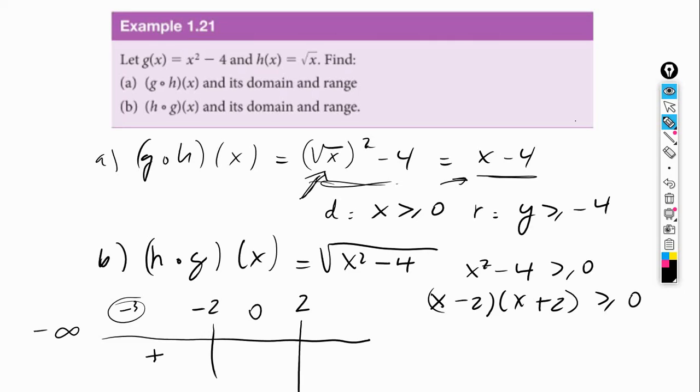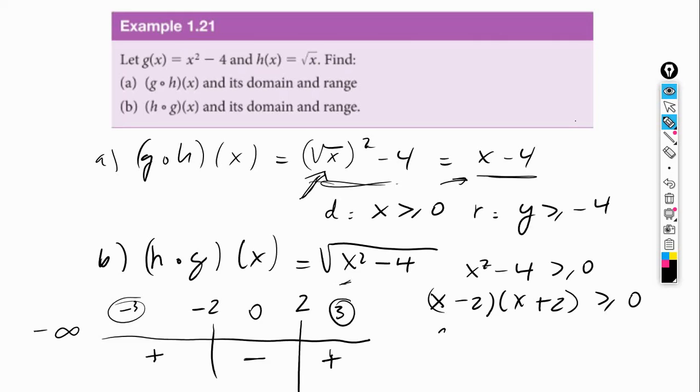So notice that if you plug in 0, 0 minus 4 would be -4, and that is undefined, right? In the case of the square root, it's going to be a negative. And after 2, because this is squared, it's going to be the same as plugging in -3 if we plug in 3. So it's also going to be square root of 5, which is positive. And obviously for anything greater than that, greater than 2, we're going to get positives.